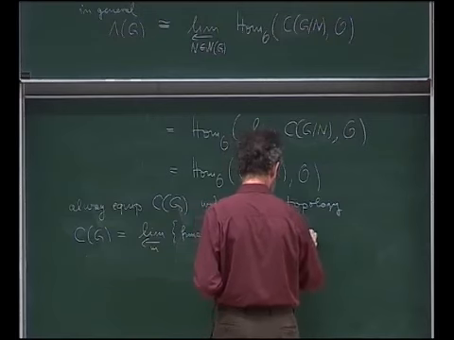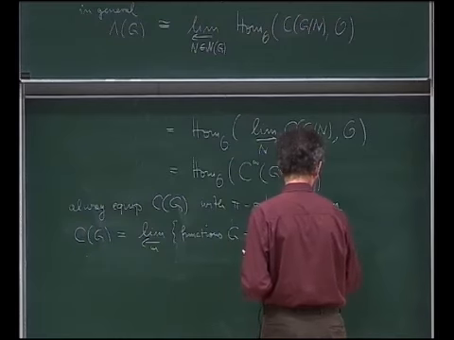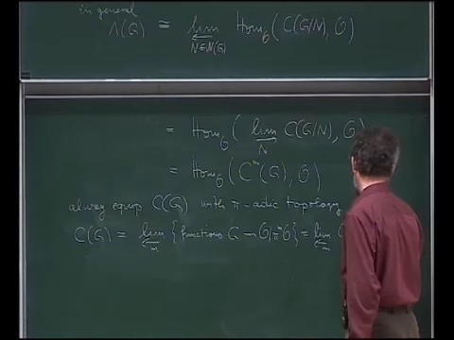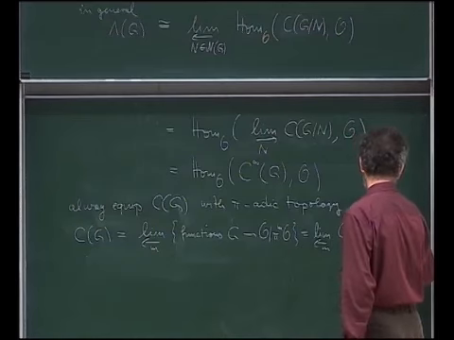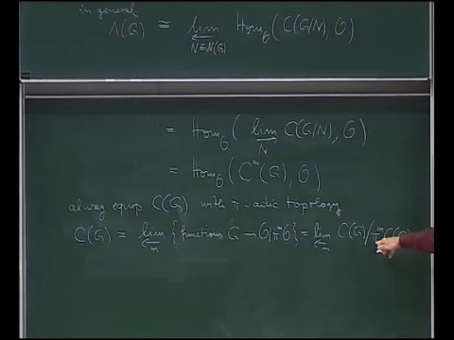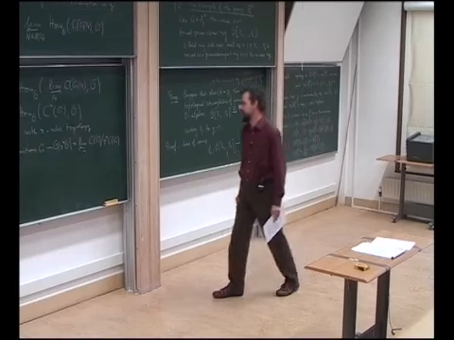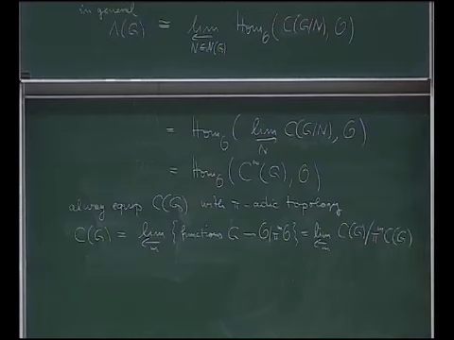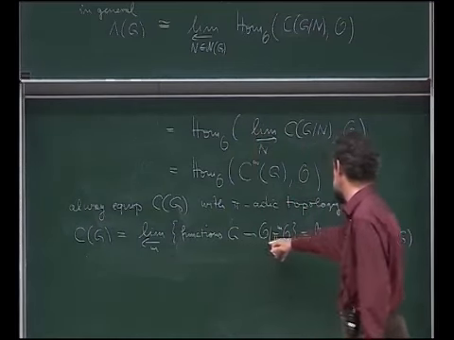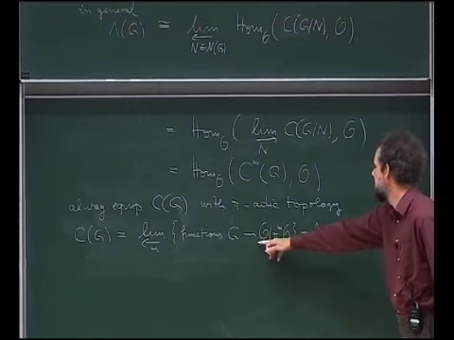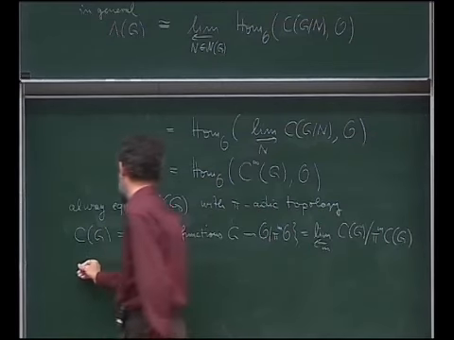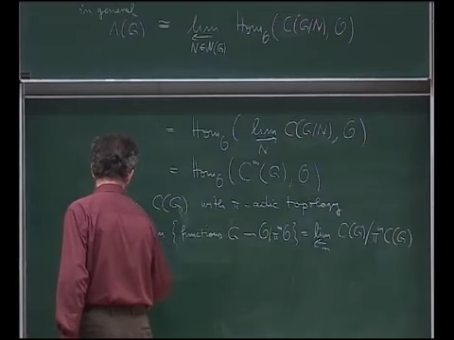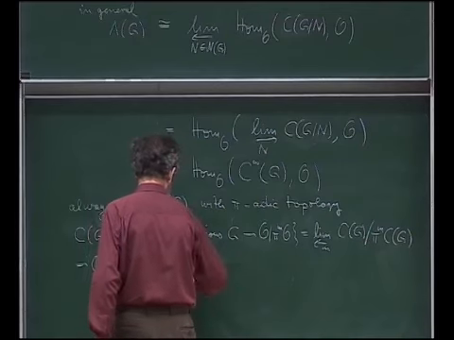So it's the projective limit of the functions G to O modulo pi to the m. But this I also can see as C(G) modulo pi to the m C(G), right? Certainly a function in here becomes the zero function here after projection modulo pi to the m. And on the other hand, if I have a continuous function where all the values are divisible by pi to the m, then of course the whole function is divisible by pi to the m. On the other hand, these functions are automatically locally constant. The map from C infinity to here is surjective.